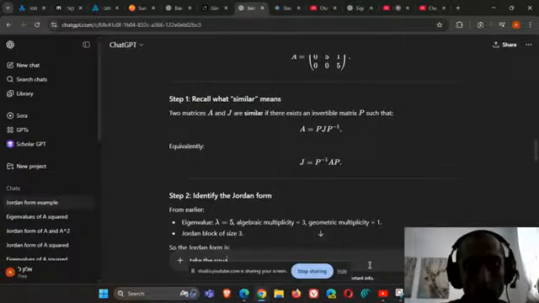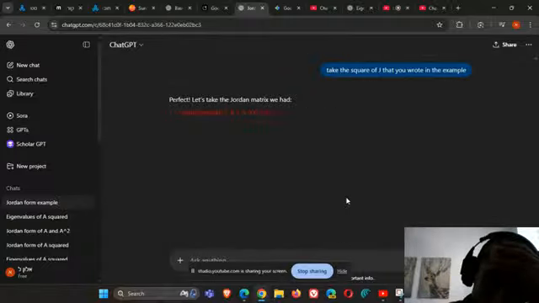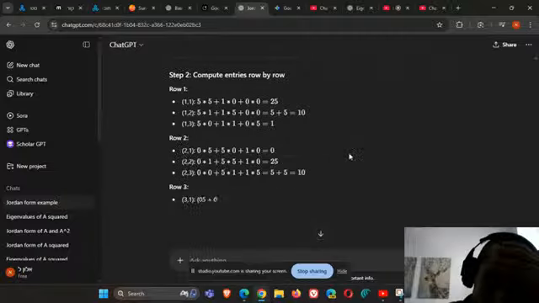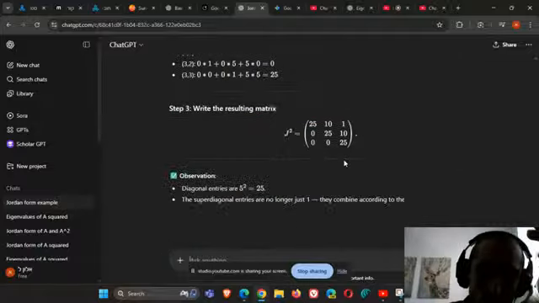When you take the square of a triangular matrix, what happens is that the diagonal entries just get squared.